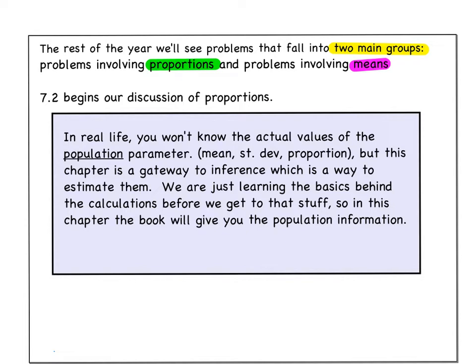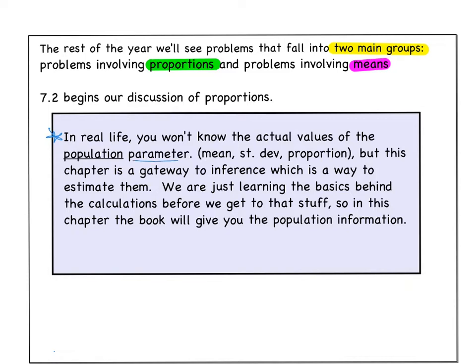So in chapter 7, we're going to be given information that we wouldn't typically have in real life. They're only doing that so that we can get used to the mechanics of how things work. In real life, we won't know the actual values of the population parameter.